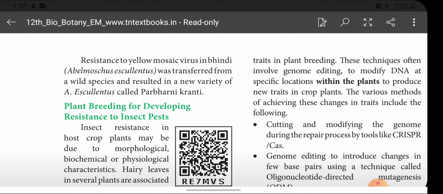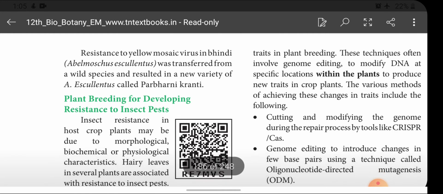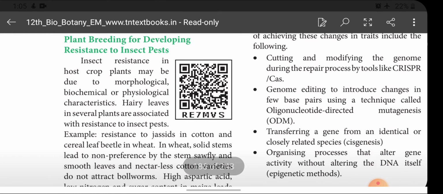Plant breeding for developing resistance to insect pests. Insect resistance in host crop plants may be due to morphological, biochemical or physiological characteristics. Hairy leaves in several plants are associated with resistance to insect pests, for example resistance to jassids in cotton and cereal leaf beetle in wheat.